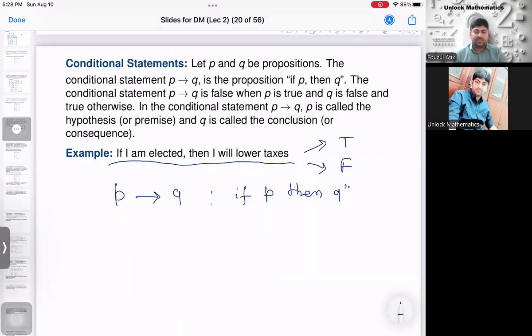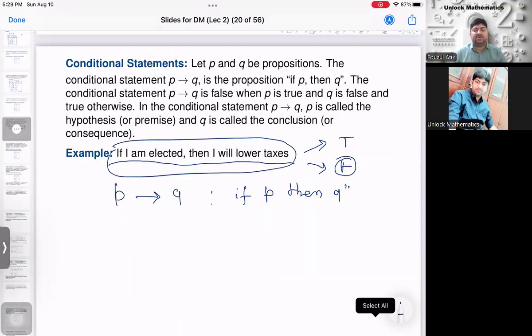Think of it. Yes. So if the politician is elected but not lowering your taxes, then only you will say it is false. No? So if the politician made this statement at the beginning, and you are now judging whether the statement was correct or not, true or false, you will judge on the basis of the fact that if the politician is elected but not lowering your tax, then you say that the whole statement is false.